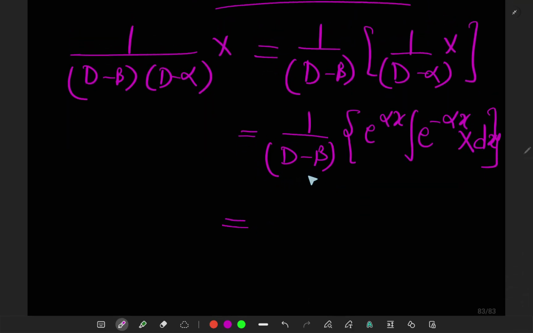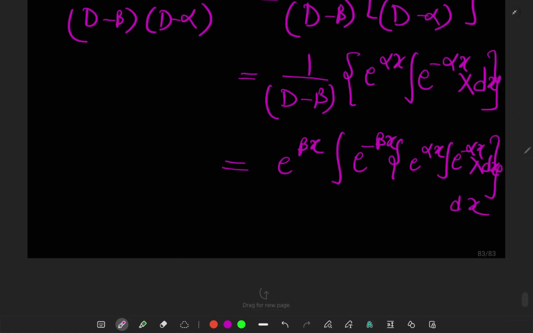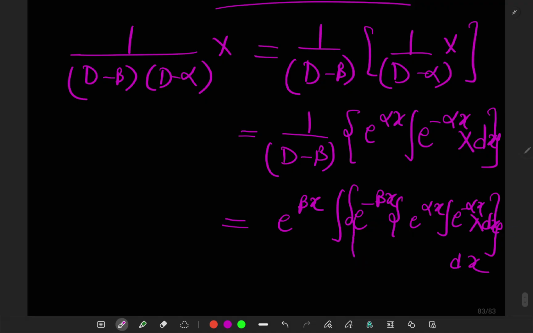Now for 1 by D minus beta we can write here e raised to power beta x integral e raised to power beta x into e raised to power alpha x into e raised to power minus alpha x x dx for this integration.